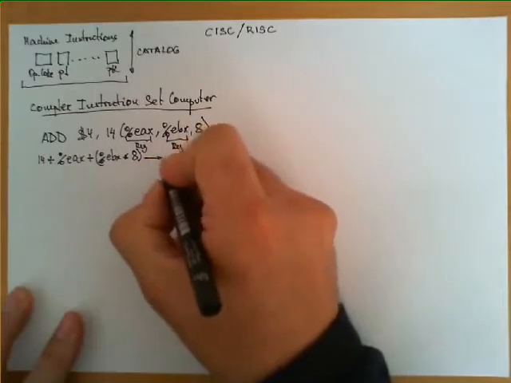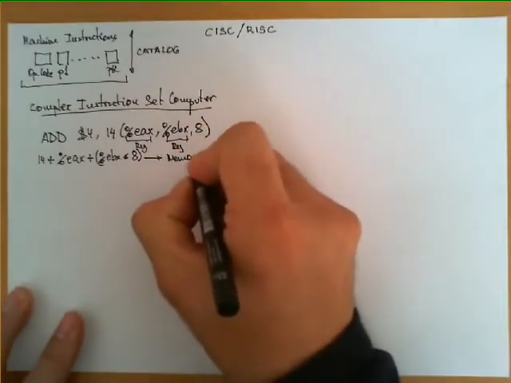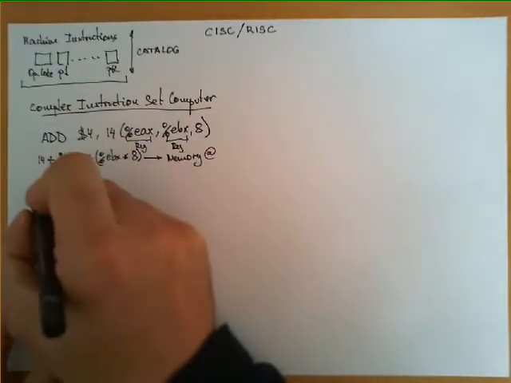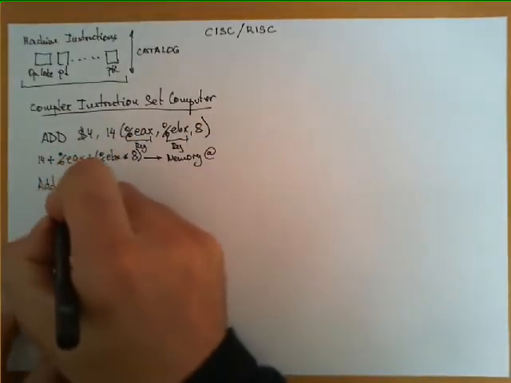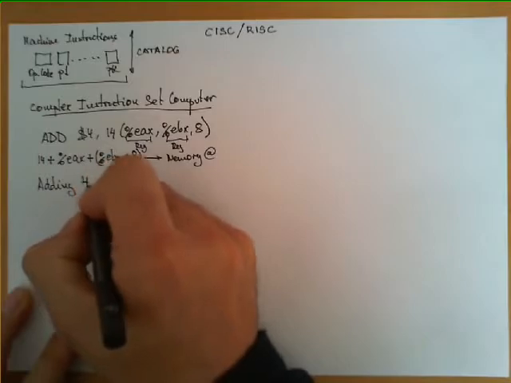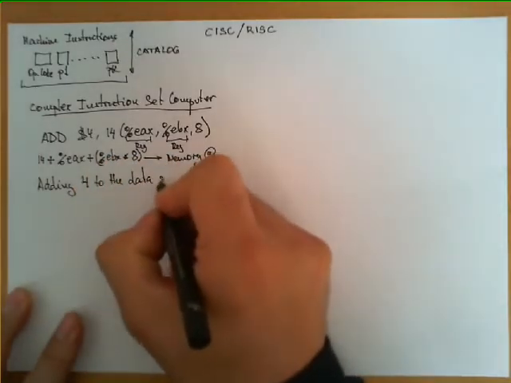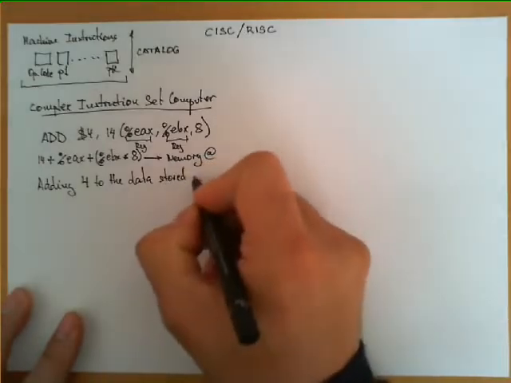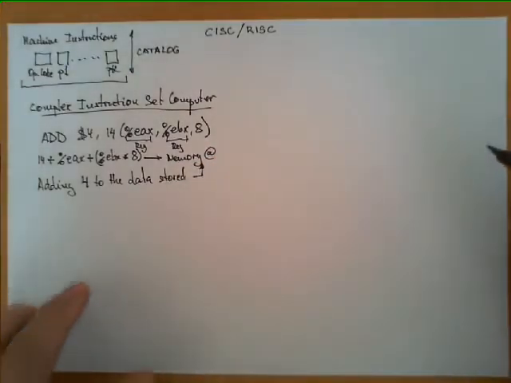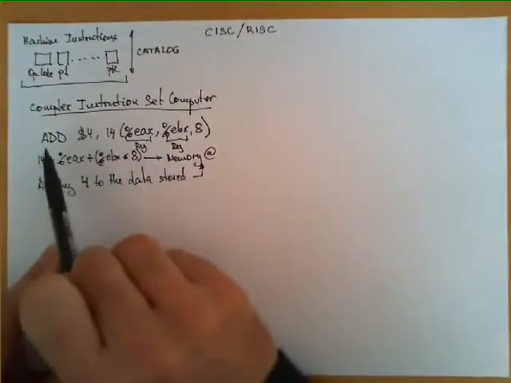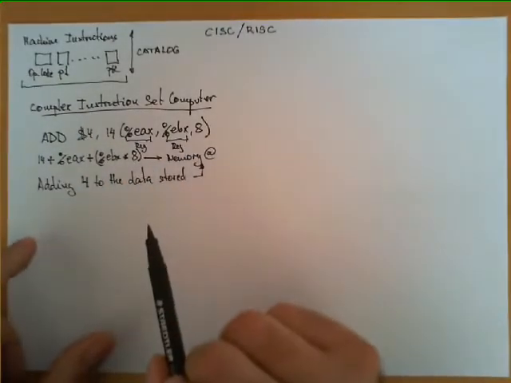The result of this operation is a memory address, and the overall instruction is adding the number 4 to the data stored at this memory address.